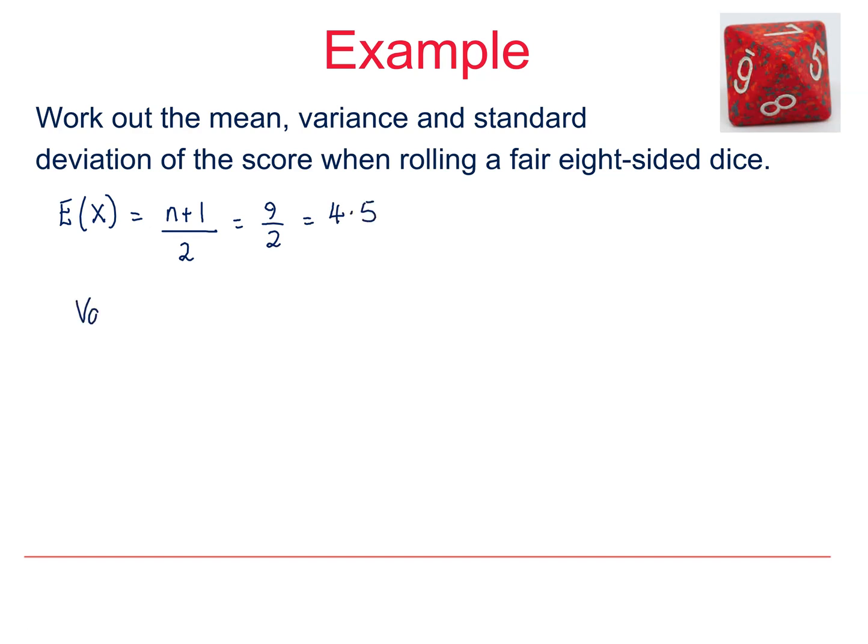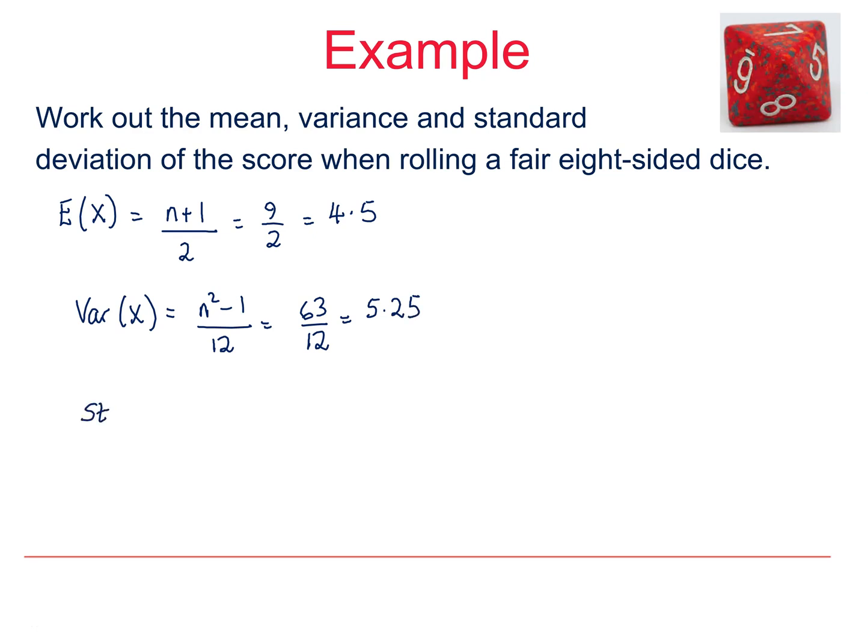And the variance of x is n squared minus 1 over 12, which is 63 over 12, which is 5.25.